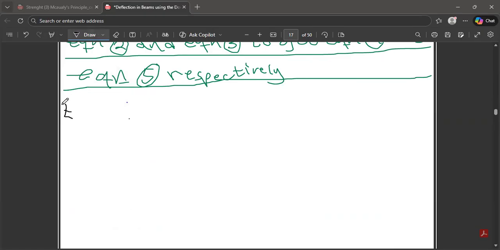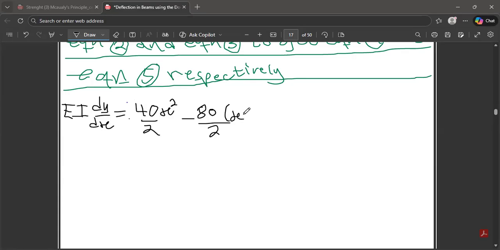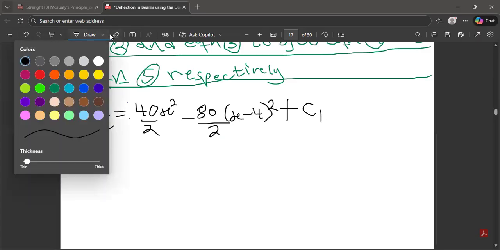We had our EI dy/dx equal to 40x squared all over 2, minus 80 all over 2, now we're having (x minus 4) all squared over 2, plus our C1 because it was the first integral. So this is our equation 2.